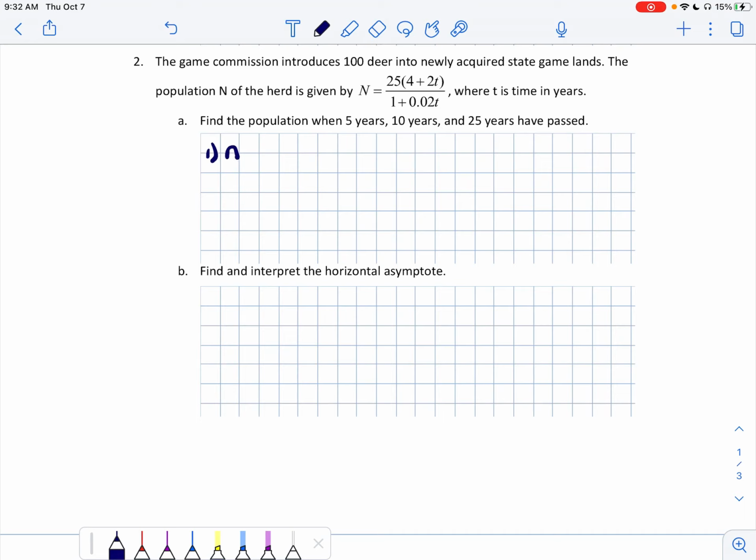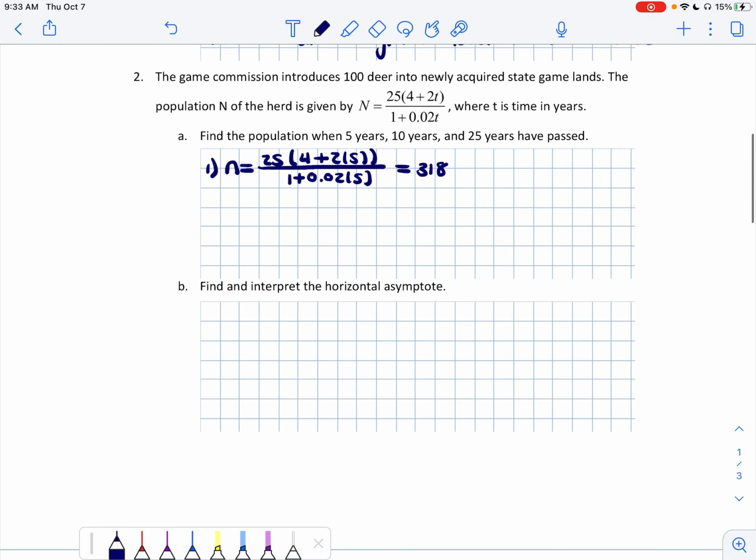So our N is 25 times 4 plus 2 times 5, all over the quantity 1 plus 0.02 times 5. If we plug that into our calculator, we get a decimal, but it's approximately 318. And remember, N is measuring the size of the herd, and these were deer. So this is approximately 318 deer.